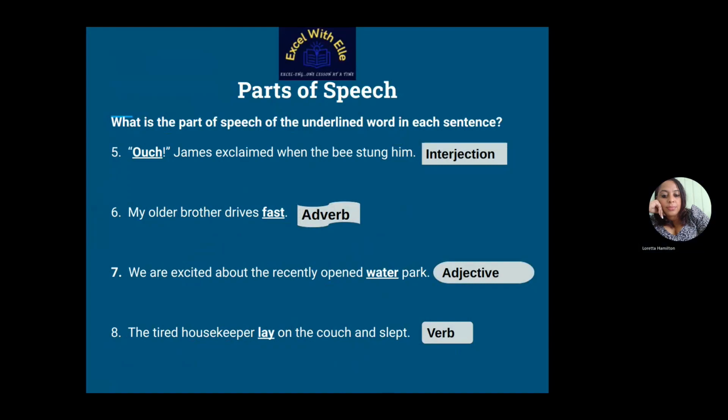And then you should also take away with you that in order to correctly identify a particular part of speech, you have to first decide on what is the function of the word. Once you're able to correctly identify the function, then it is so much easier to identify the particular part of speech.